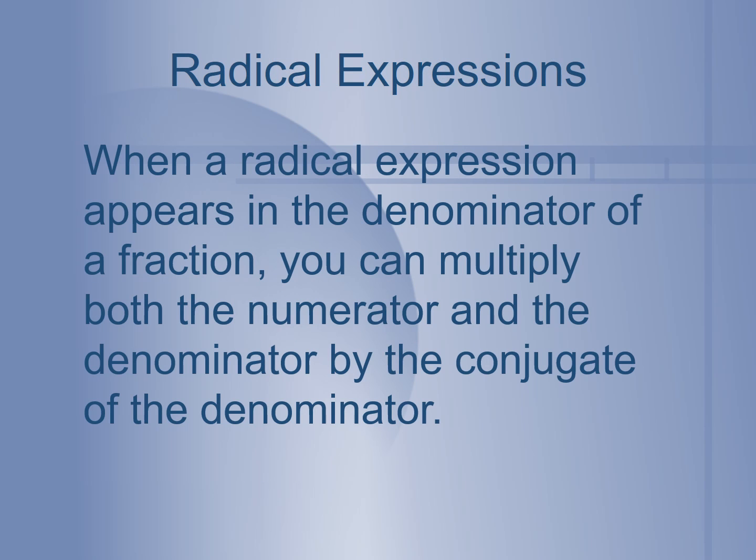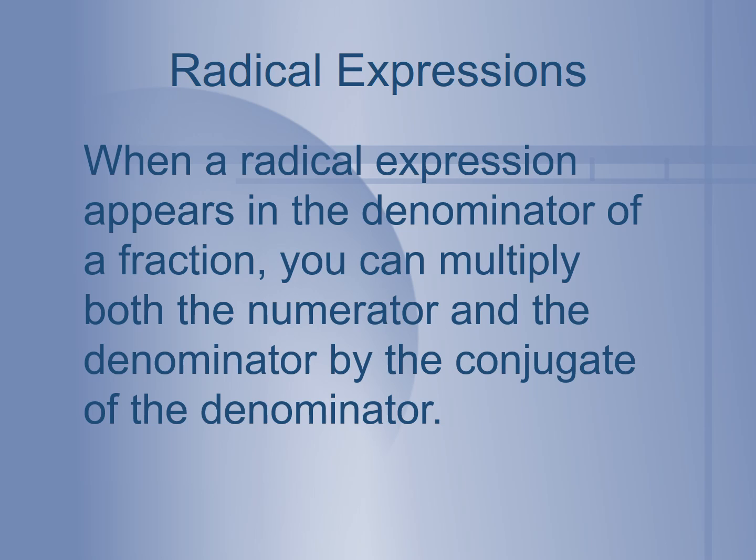So when a radical expression appears in the denominator of a fraction, you multiply both the numerator and the denominator by the conjugate of the denominator. It's very important that you don't just multiply by the radical itself, because you're never going to get the radical out of the denominator if you do that.